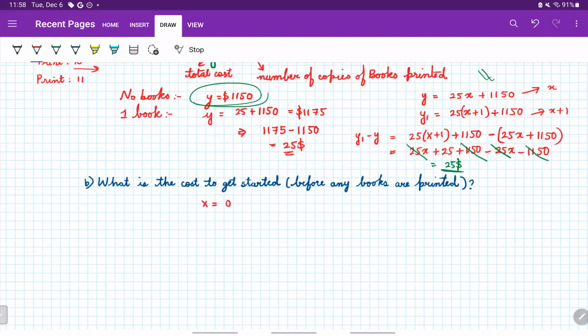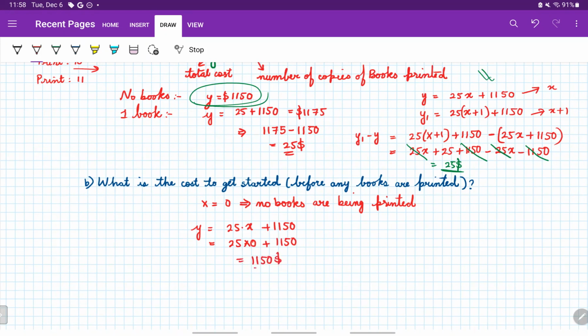So when no books are being printed, that would be y equals 25x plus 1150, and if no books are being printed, x would be 0, so it's 25 times 0 plus 1150, which will just give us $1,150. So that is the cost to get started before any books are being printed.